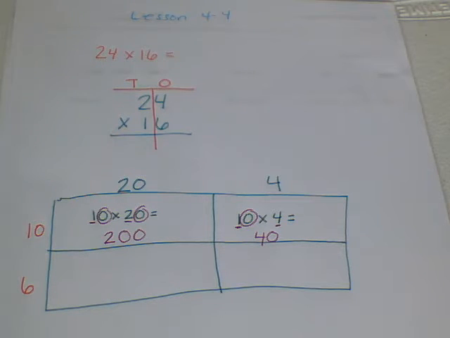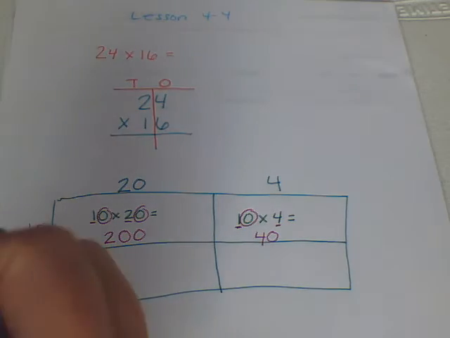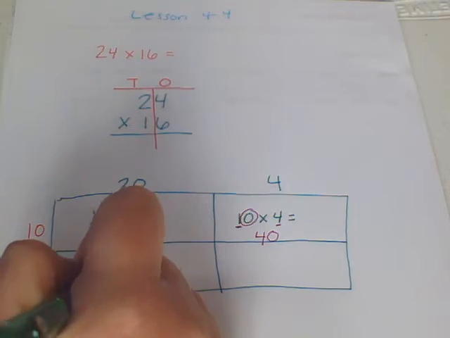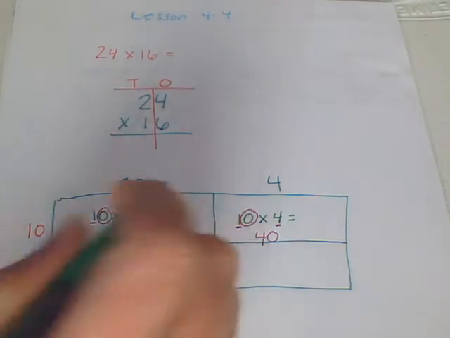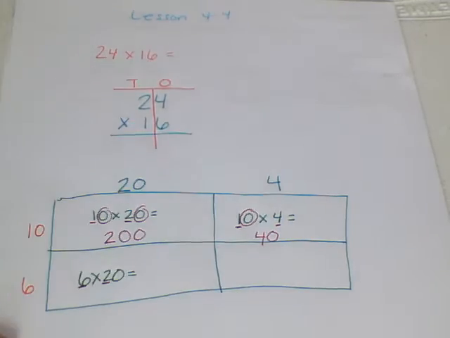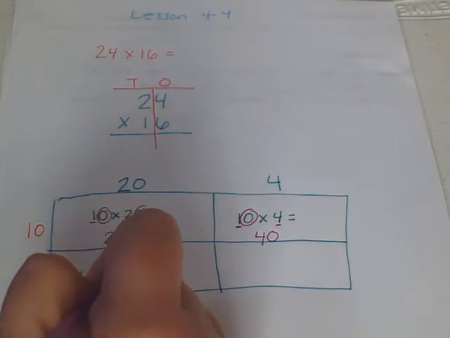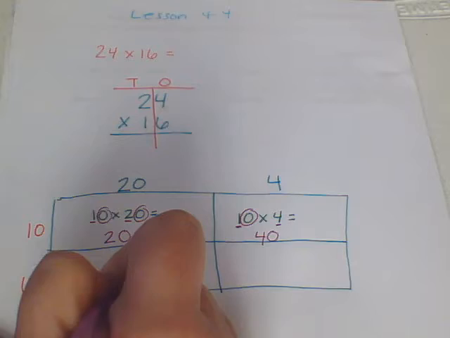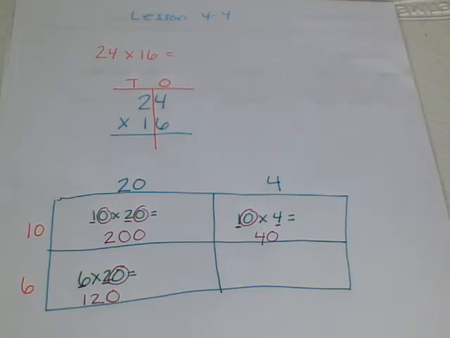Now I'm looking at 6 times 20, my 2 tens. So I'm going to have 6 times 20. Well, I know that 6 times 2 is 12. And now I'm just going to add my 1 zero to make it 120.